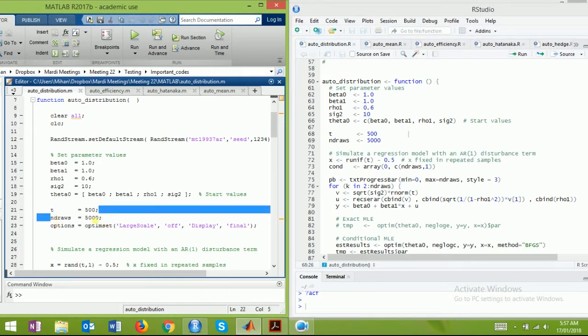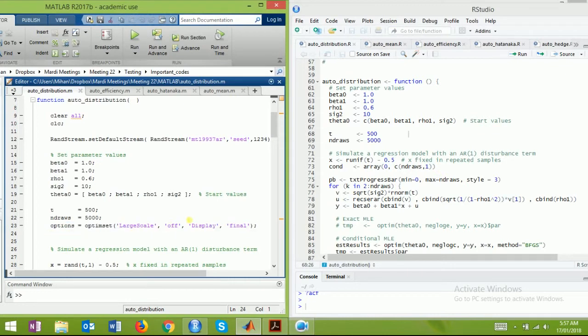Our number of observations is 500. Replication will be happening 5,000 times. Options: optimset, large scale off, display. We want our iteration to be displayed until the final iteration is reached. So we want our system to display the final iteration only, not the entire process. If you put iter, then it will show all the iterations. That's all.